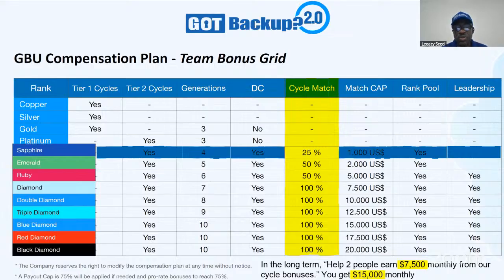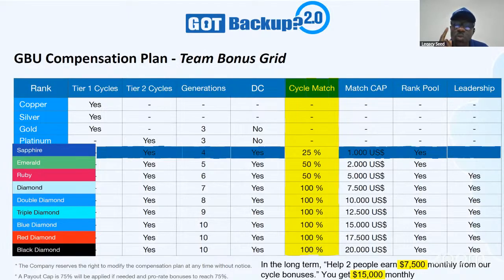But imagine the potential you have if you turn Diamond on the project. All the Diamonds make 100% on the people that they brought in directly onto the project. So if those people they told about it are interested and got on the project, and you have someone who earned $1,000, and you are a Diamond, Got Backup will pay you cycle commission at 100% of $1,000.